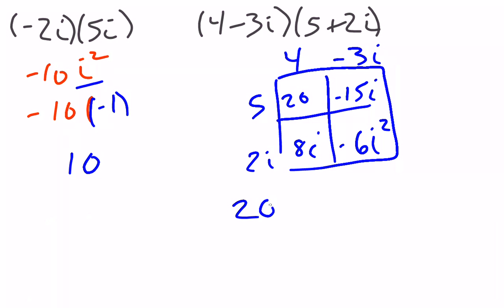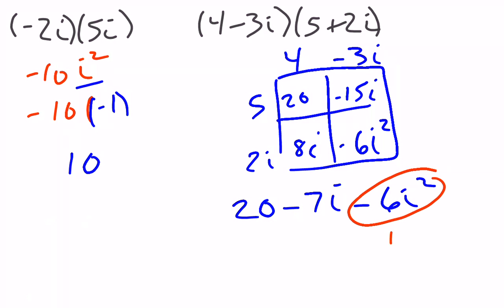So writing those outside the box would be 20, and we have minus 7i minus 6i squared. But i squared is negative 1, so this last term is going to become plus 6. And if I combine that with the 20, that's going to give me 26 minus 7i.